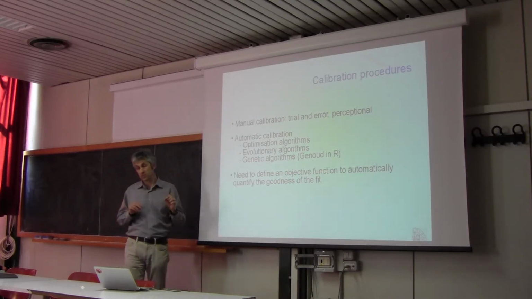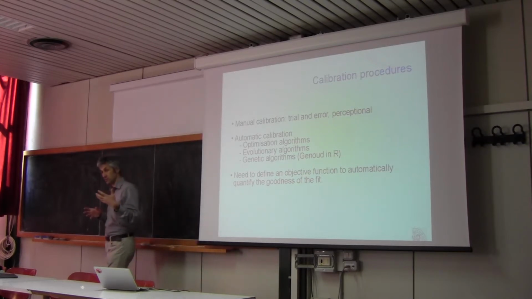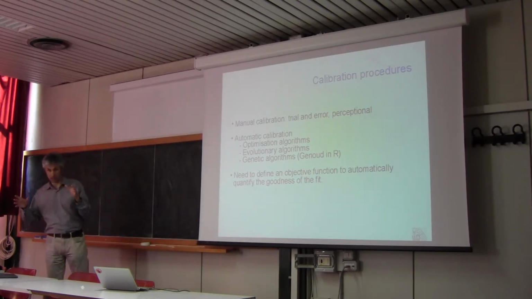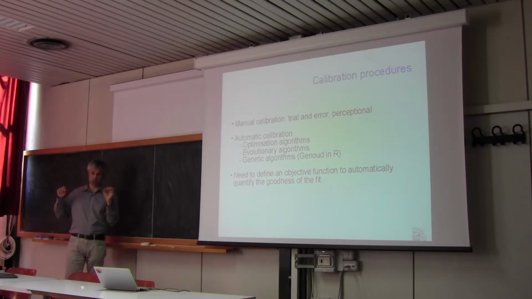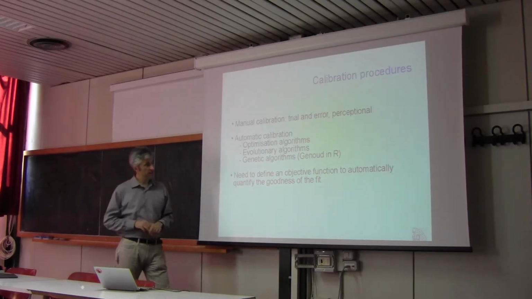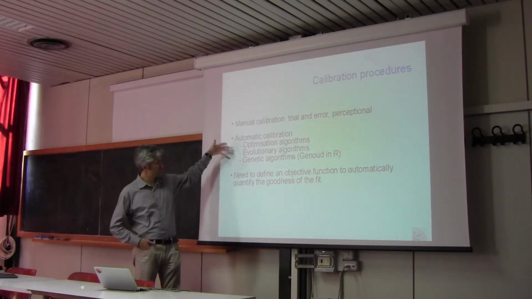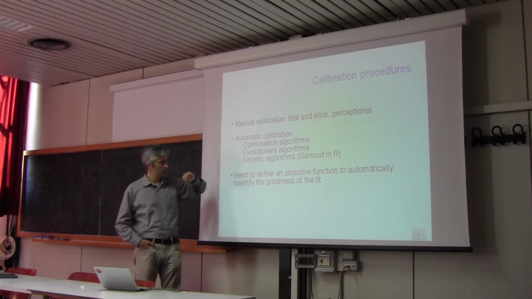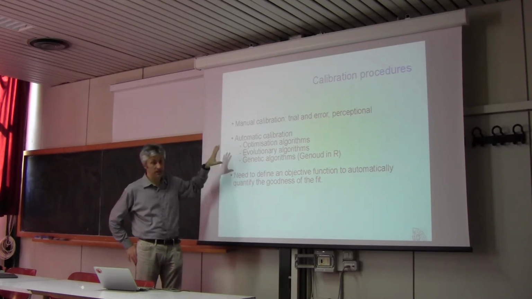We may set up some constraints, like fix the feasible range for model parameters, but then the PC does everything by itself. And there are many algorithms that are available in the software to perform that.